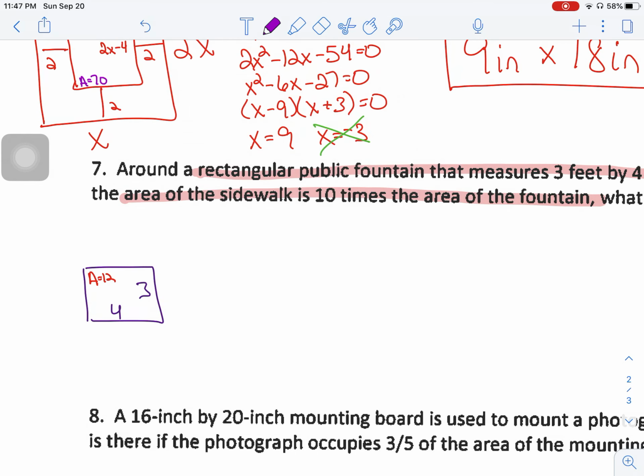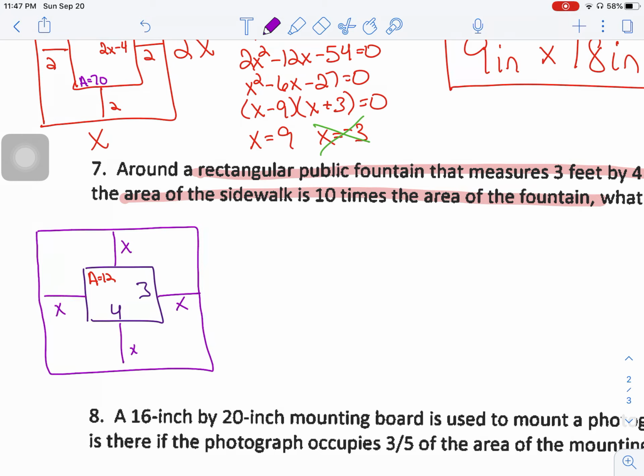And around that fountain, we have a sidewalk of uniform width, x, all the way around. Okay, and that area is 10 times the area of the fountain. So the fountain is 12 square feet, so 10 times that amount would be 120 square feet.